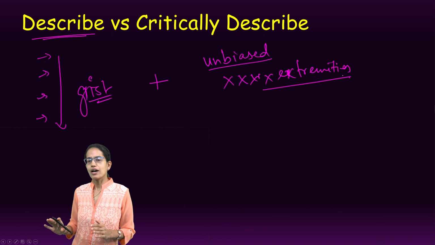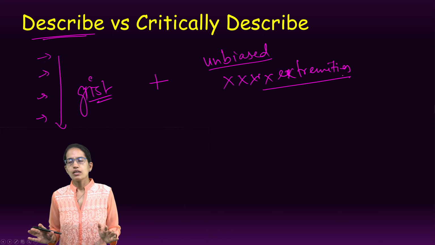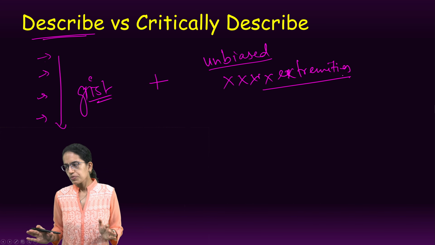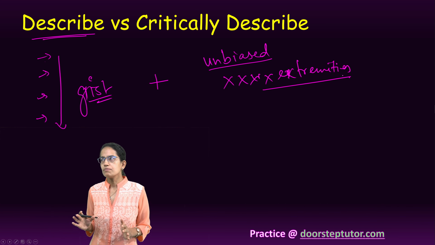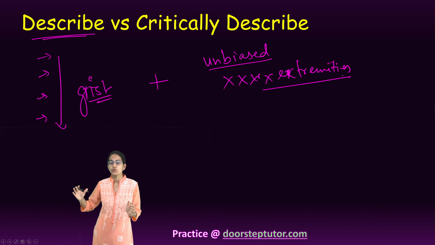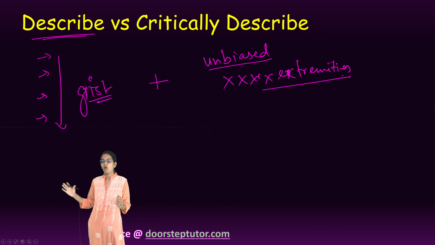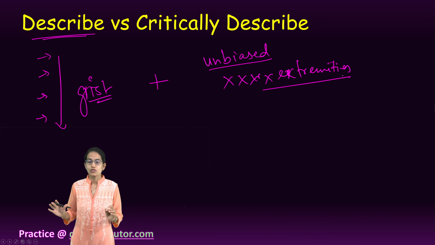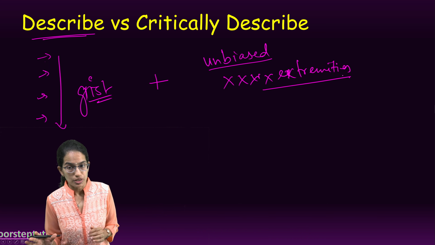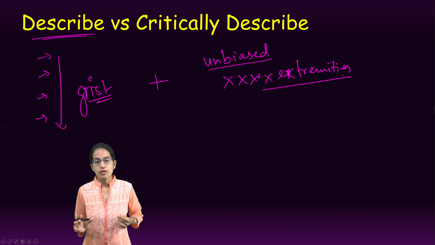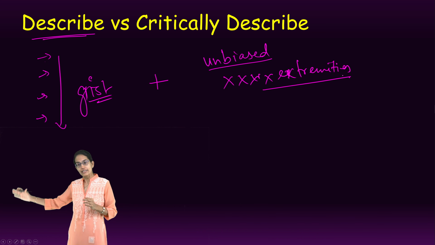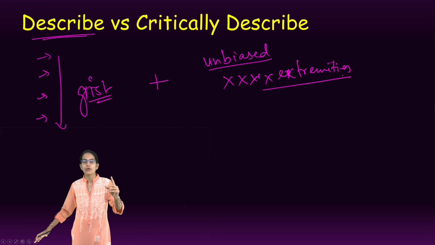Even if you are, your language should be subtle, it should be mild, and it should not be an extreme critical form. When we say critical, it does not typically denote a negative connotation, right? Critically does not mean you have to explain only the negatives or the loopholes. That's very important to note.